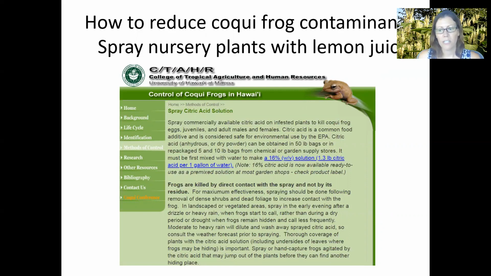And the challenge here is, how do we get the nursery industry to implement this type of solution? It's actually a pretty simple solution, but there's no incentive or disincentive. It's not a crime to introduce a plant that has coqui frogs on it. But it's a real problem for people who live near those infestations.